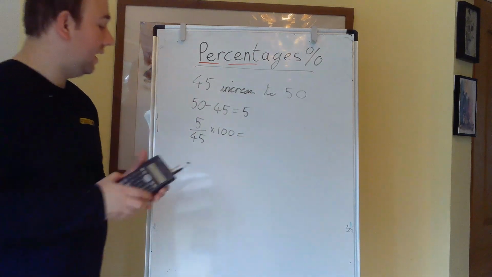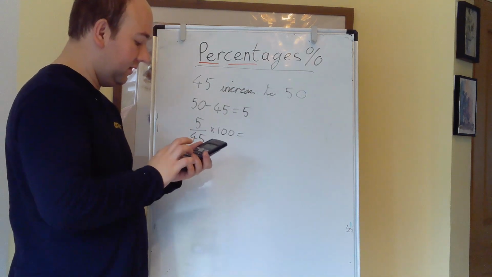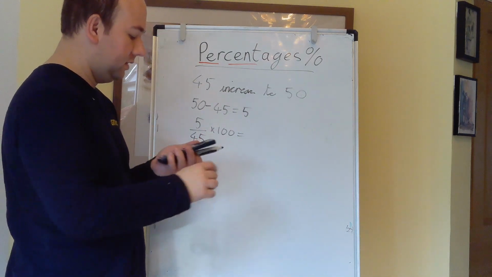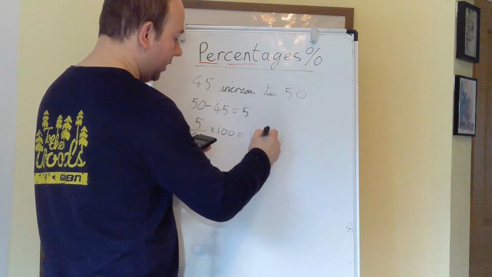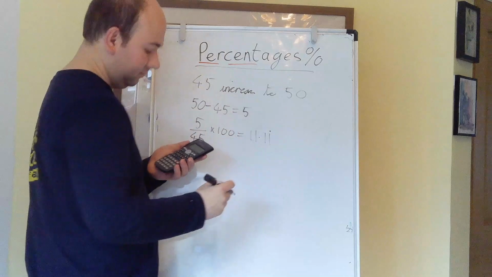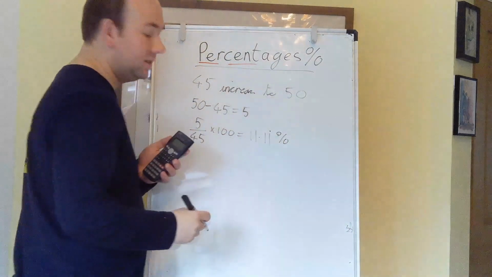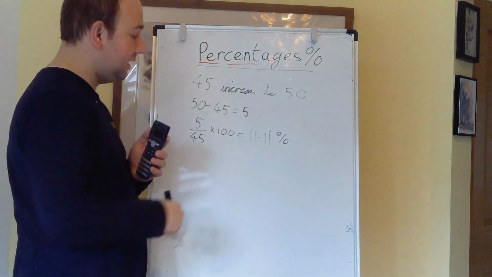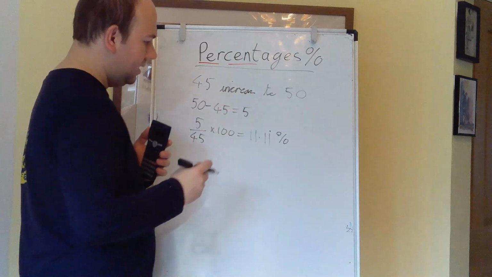Or we can just do it on a calculator to get a more precise answer. So we've got 5 divided by 45 times 100, so that would work out as 11.11 recurring, and we put the percentage sign in to show we've turned it into a percentage. So this is how you can find the percentage increase.